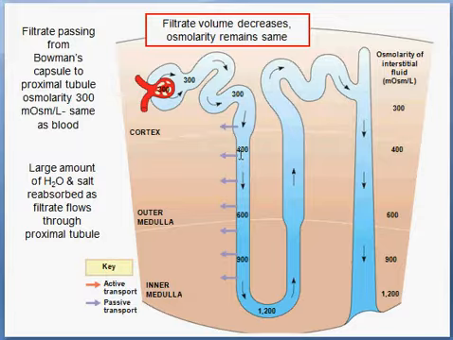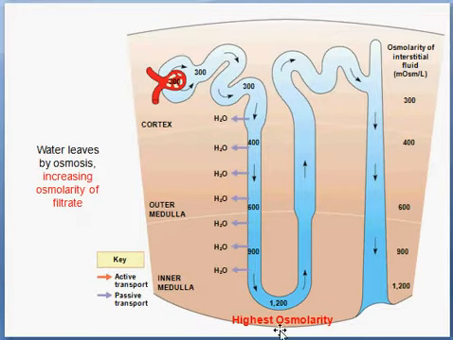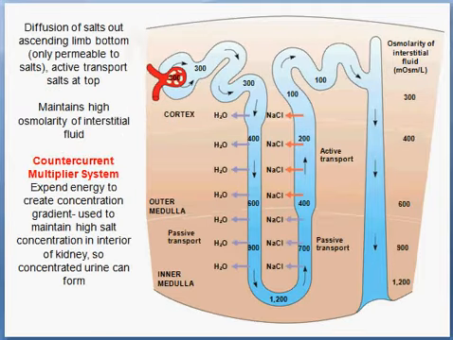Again, your osmolarity keeps going down because you're losing more and more water in this descending limb, and same thing in the ascending limb. Here you have your highest osmolarity, and again towards another distal convoluted tubule into your collecting duct. So this is a basic overview of the kidneys.